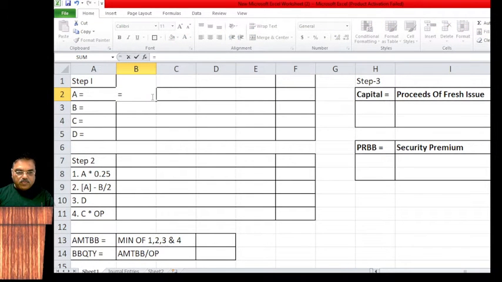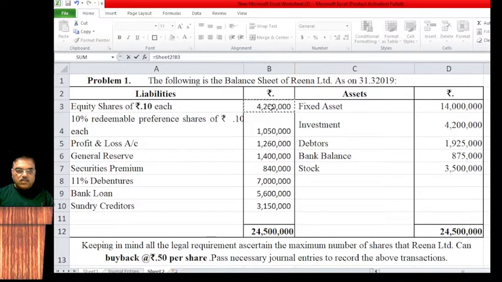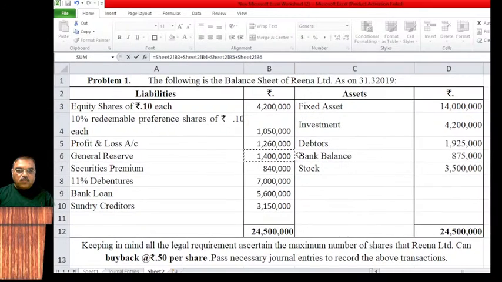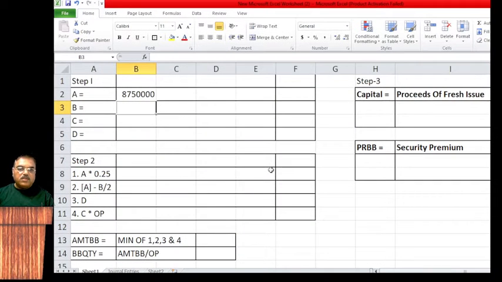See how much, this plus this plus this plus 14 lakh plus 8,40,000. This is the amount of A.